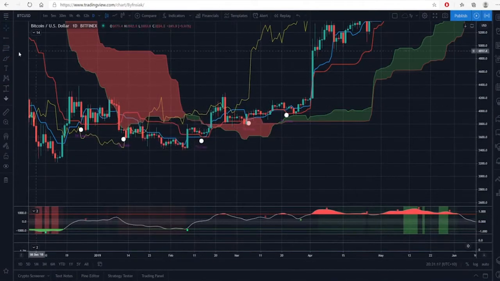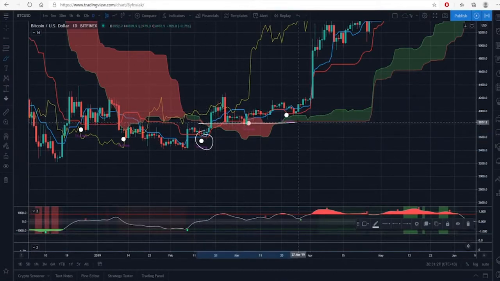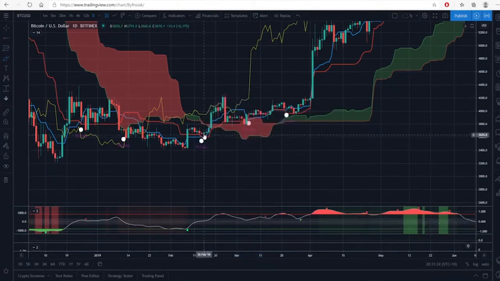So what would be the first one? Well, we've had this gorgeous TK cross below the cloud. That's potential entry confirmation 1. Although we don't have a fat cloud here, we still have a cloud nonetheless. So we've got a bullish TK cross.